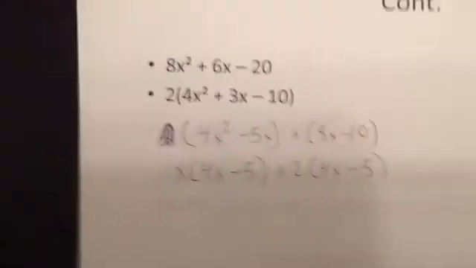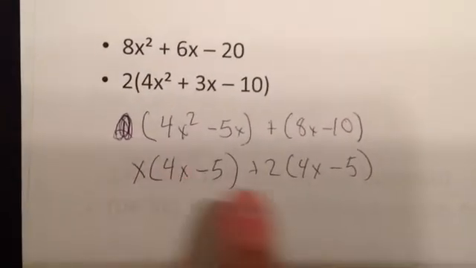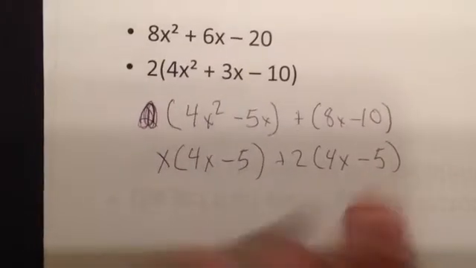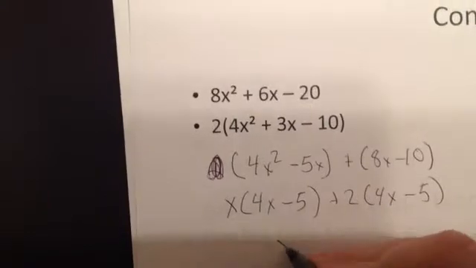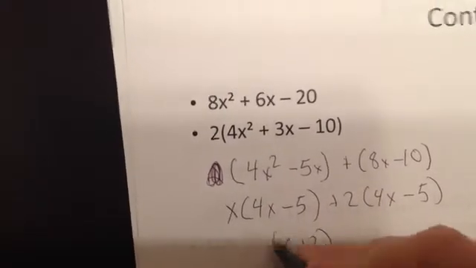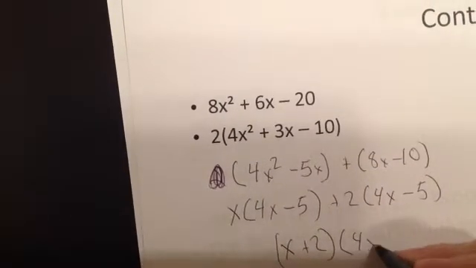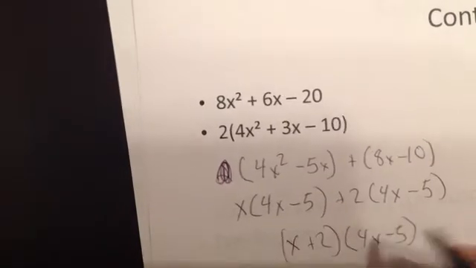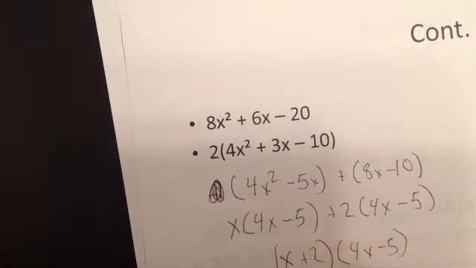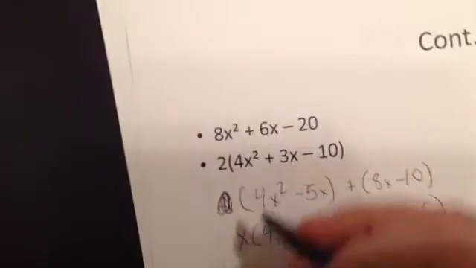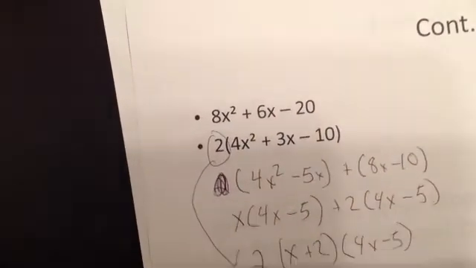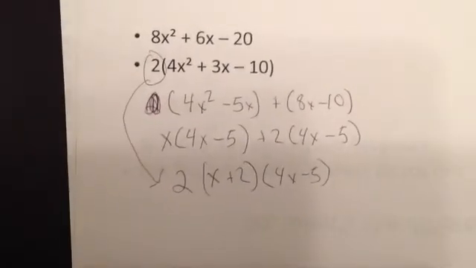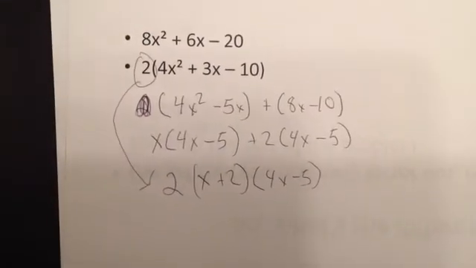If you notice, now we have 4x minus 5 here and 4x minus 5 here. Combine the x plus 2 and have the 4x minus 5. And now we can replace this 2 that was in front right there. And that completes solving a hard trinomial.